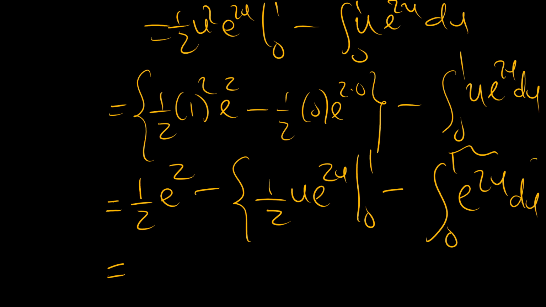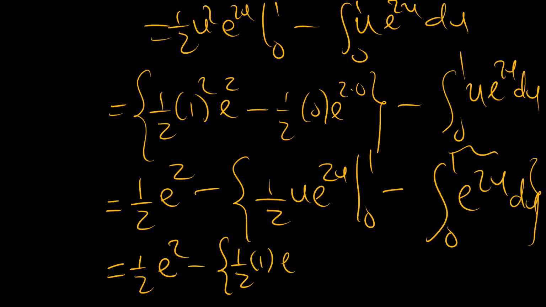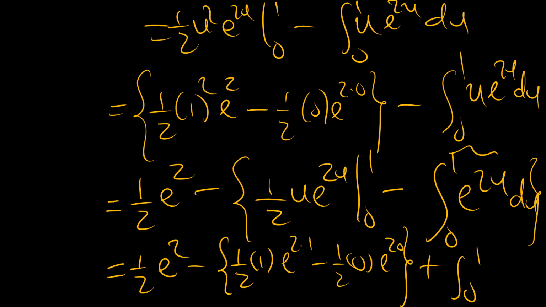So, close bracket. So this becomes a half e squared minus, open brackets, we have a half 1 e to the power 2 times 1 minus a half 0 e to the power 2 times 0. So this is 0 plus the integral from 0 to 1 of e to the power 2u. So realize this and that would cancel.